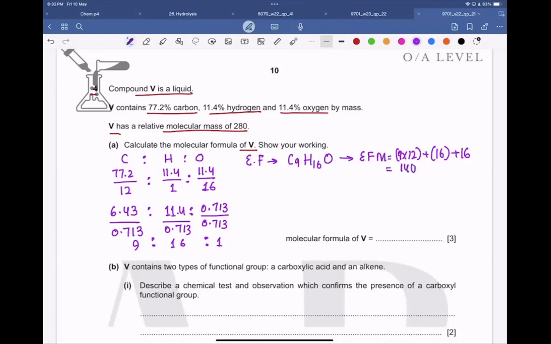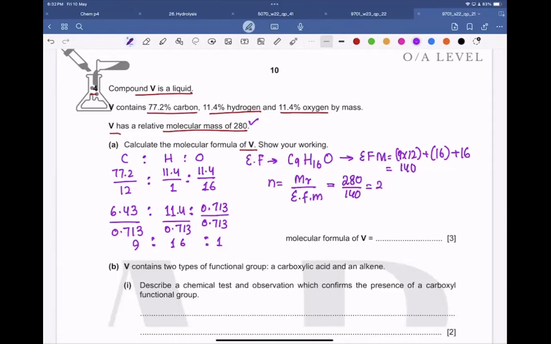So we got the empirical formula mass 140. Is this clear to all of you? Then we will find the value of n, and the value of n is equal to MR over empirical formula mass, right? So MR they have provided us 280 divided by 140. So the value of n is 2.